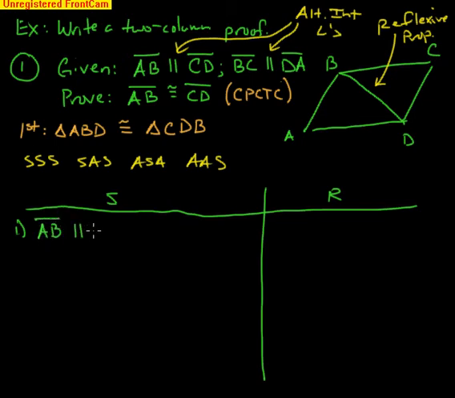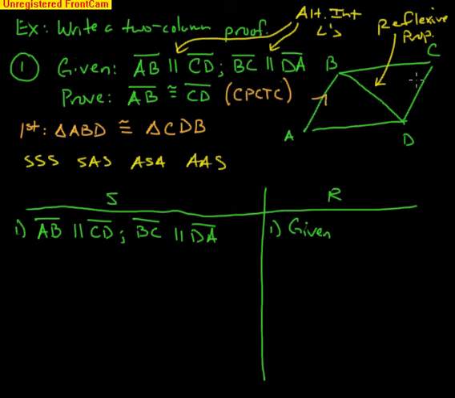Okay, so let's start with the given. Segment AB is parallel to segment CD. Segment BC is parallel to segment DA. This was given to us. So let's look at the first pair. Let's mark this first. Okay, so we have some parallel sides, right?